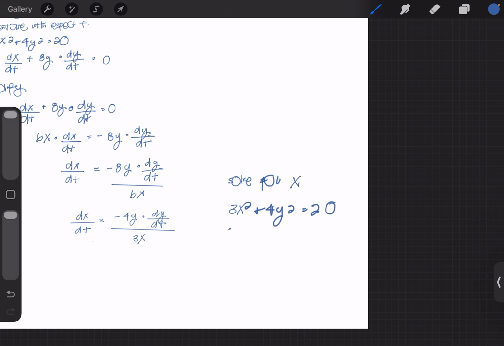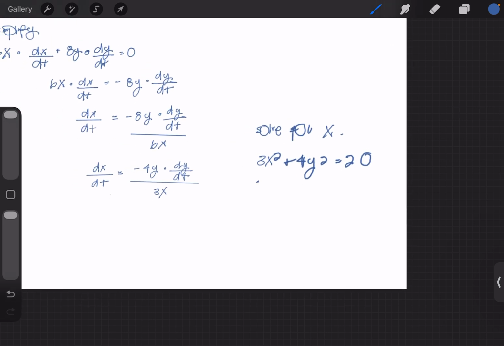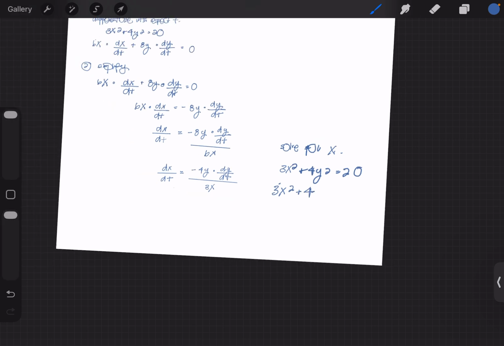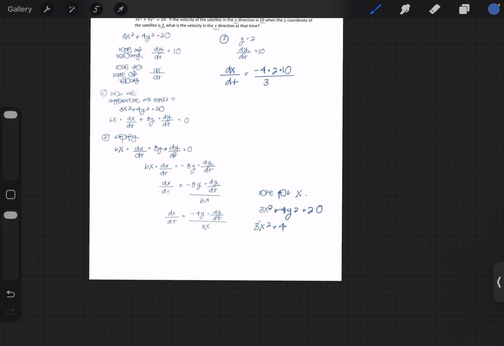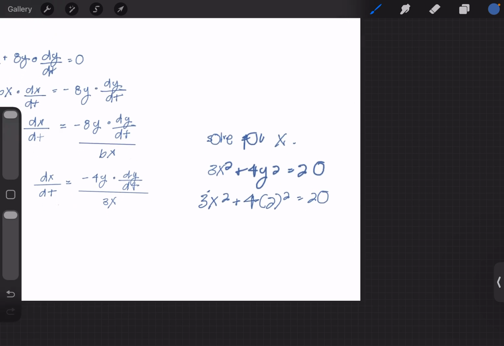We are solving for x, a single variable. So 3x squared plus 4y squared equal to 20 is what we will be solving with. We plug into our original function. We know that we can do simple substitution into this function and just solve for x. Our y is 2, so 2 squared.